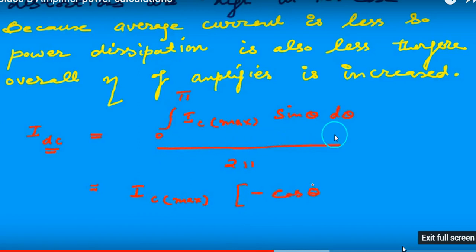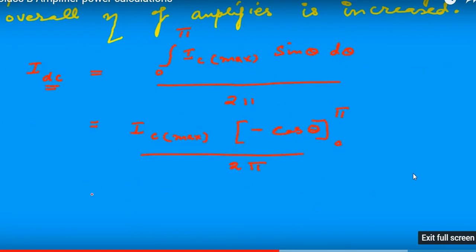But we have to divide this total by 2 pi to get the average current. From 0 to 2 pi the average current has the numerator, total voltage from 0 to pi, divided by 2 pi. The rest of the mathematics is very simple. You just follow the steps and you will find it.